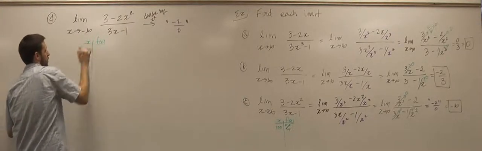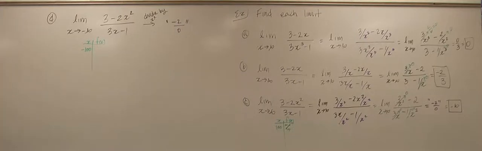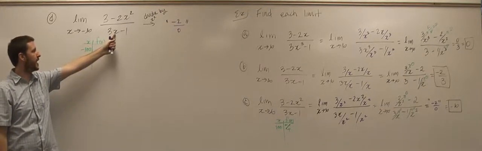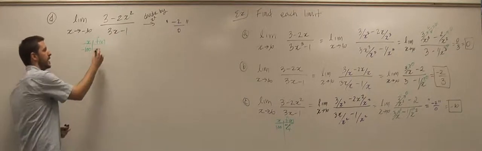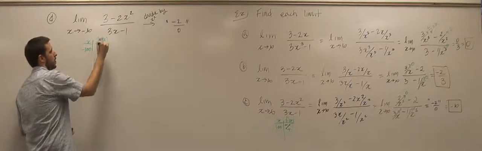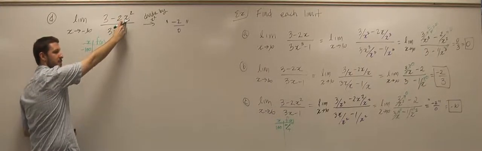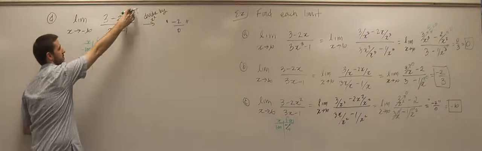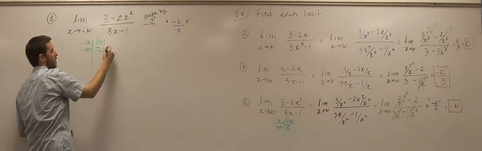Like negative 100. So if you're talking about negative 100, then when you plug a negative into the bottom, you get a negative result. When you plug a negative into the top, it doesn't matter because it gets squared. So this will be 3 minus 2 times a big number. It'll be negative as well.